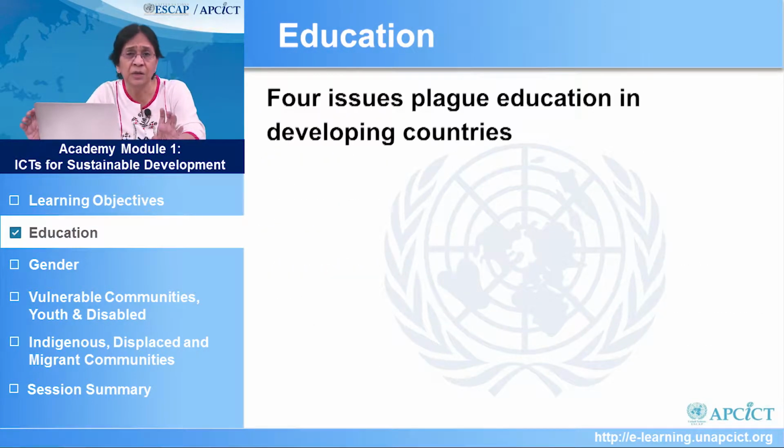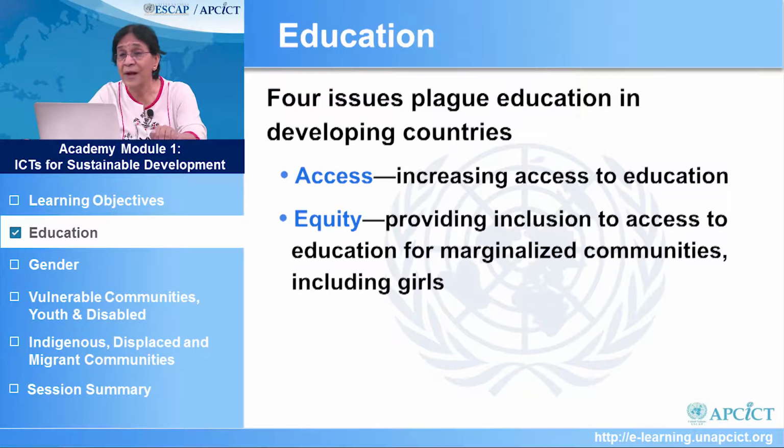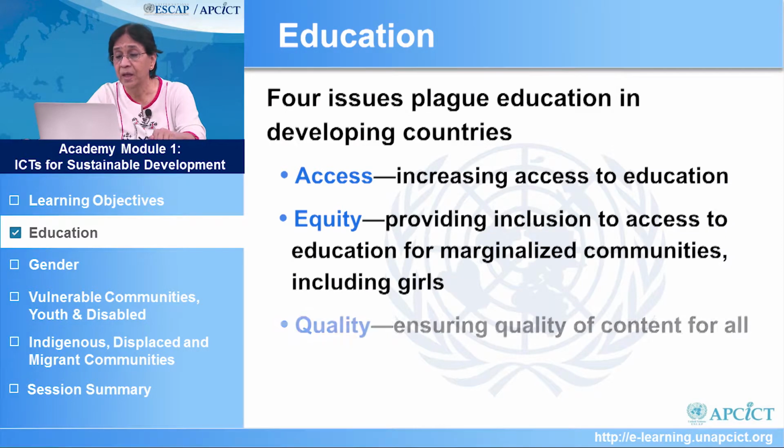Within education, in most developing countries, there are 4 key issues. One is access, increasing the number of people who have access to formal school, high school, and university level education. Equity, providing such inclusion and such access in such a way that marginalized communities, including girls, get a better benefit.